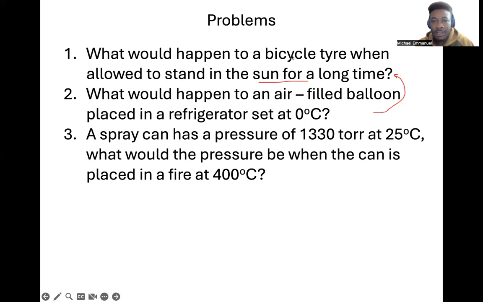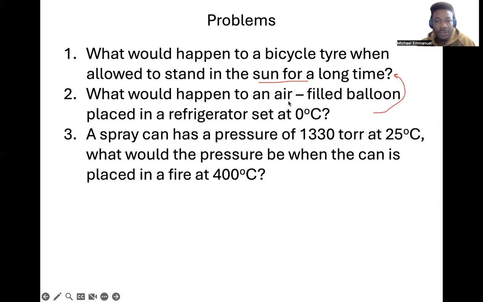Here, the gases expand as the temperature increases. As temperature decreases, the gases begin to contract and become smaller. Hence, the volume of the gas, or the size of the balloon, will decrease.